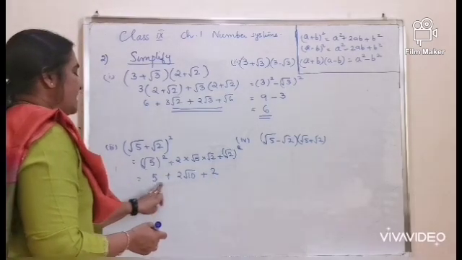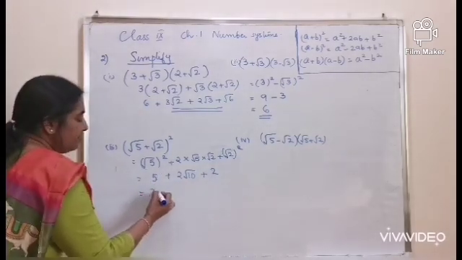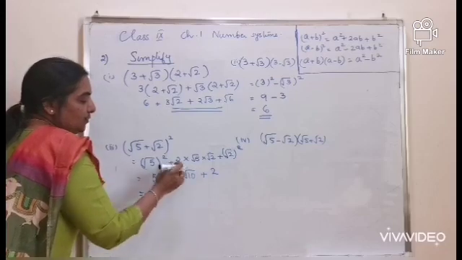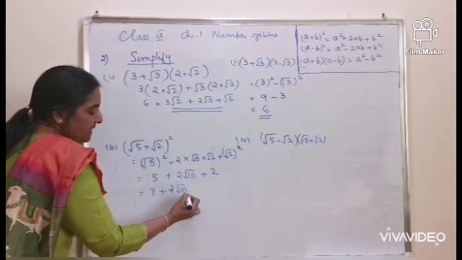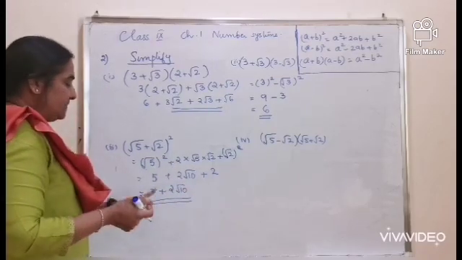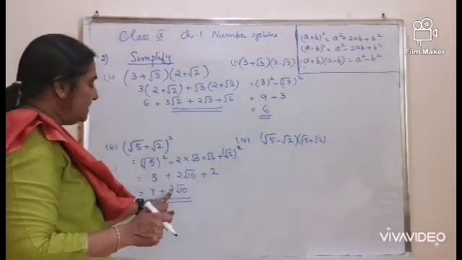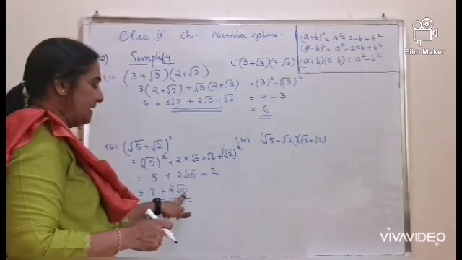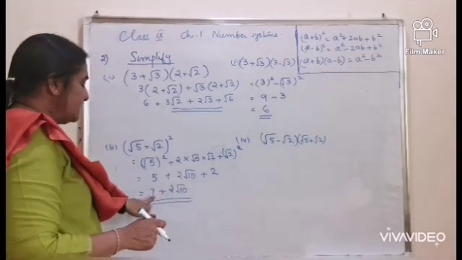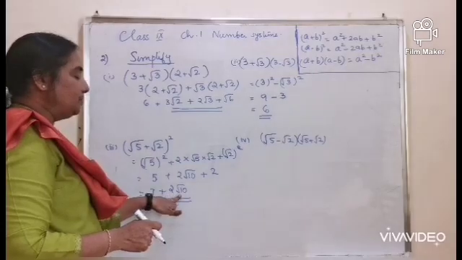You can add them as 5 plus 2, 7, plus 2 root 10, which will remain as such. This 2 root 10 is an irrational number with rational number 2 and irrational factor root 10. So the answer is 7 plus 2 root 10.